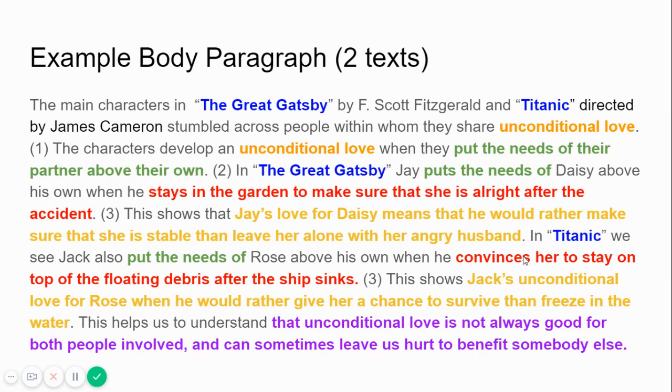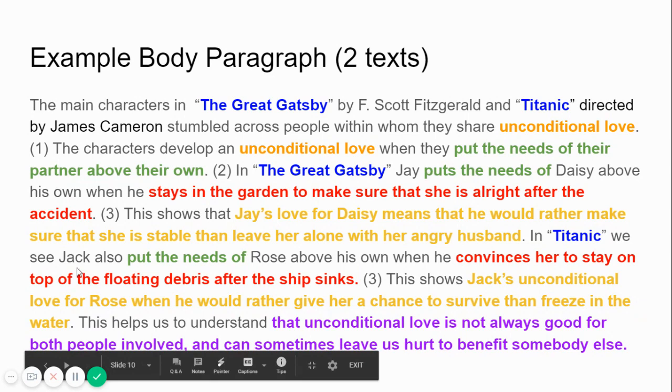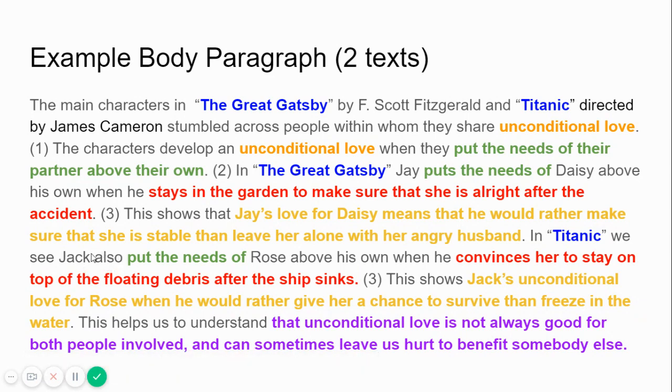Then we've got our next specific example, which is again a number 2. In Titanic, we see Jack also put the needs of Rose above his own when he convinces her to stay on top of the floating debris after the ship sinks. So here, we've got a linkage in that statement. Jack also puts the needs of Rose above his own. This is what we would use when we are talking about two texts in one paragraph.